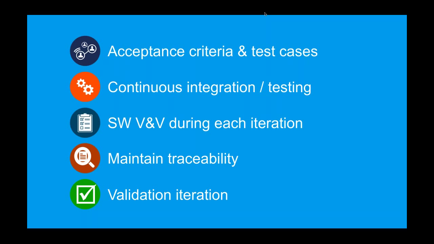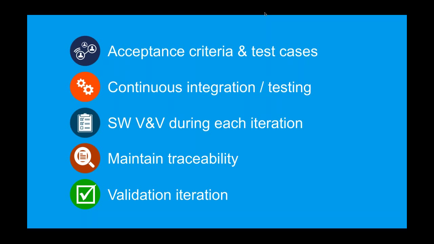You need to make software verification and validation part of each iteration, at least for the new features you are adding in these iterations. Of course, you need to constantly maintain the traceability links during each iteration, because this way you will have the right tools in place to verify and validate the software.